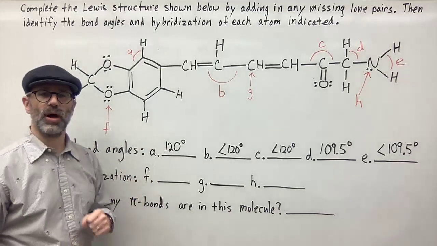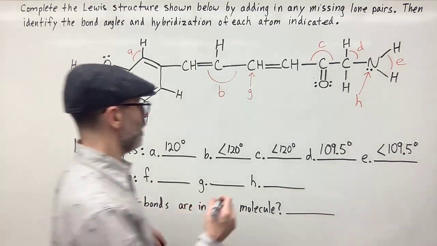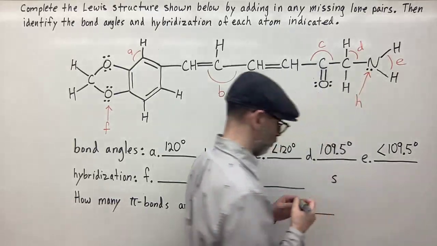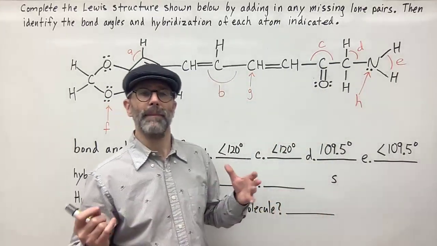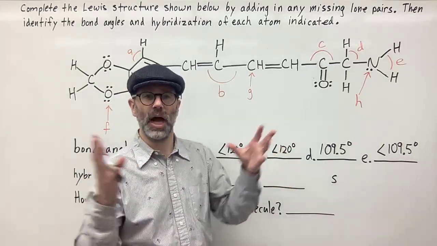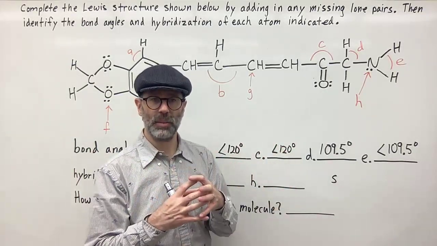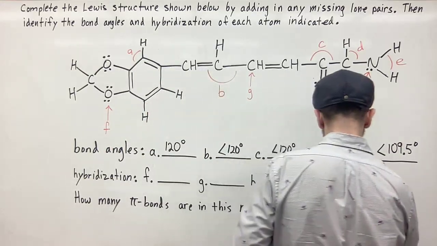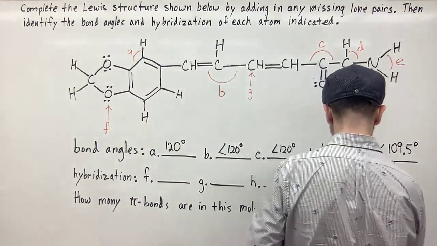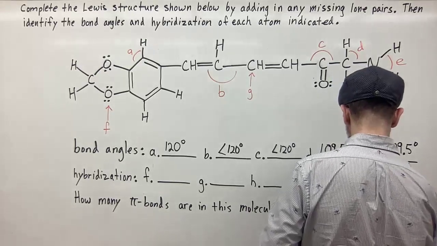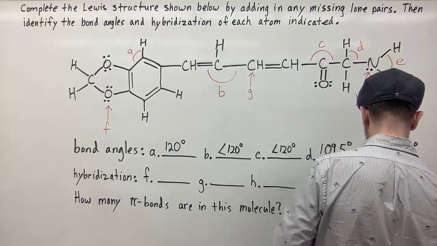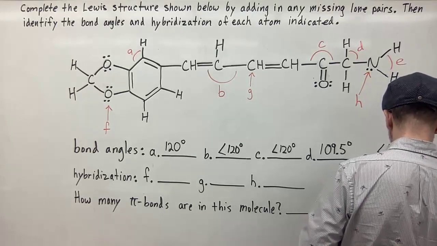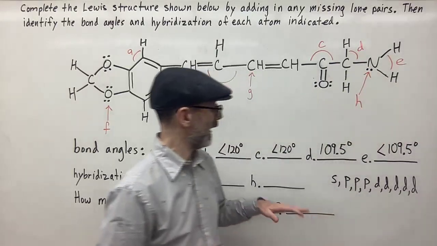Okay, hybridization. Well, how do you determine hybridization? Let's remind ourselves that when you're hybridizing, you are basically taking a certain number of atomic orbitals and hybridizing them together to get some hybrid orbitals. The orbitals are s, 3 p's, and then you have 5 d's.